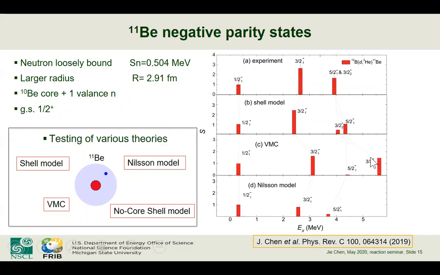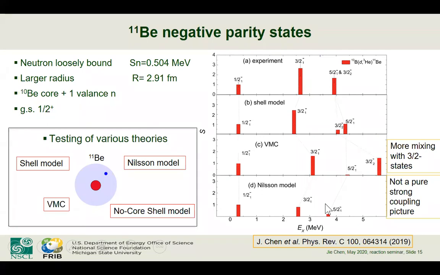Compared to the VMC model calculation, we can see that it gave a corrected level order, but there is much more mixing between these three minor states. We also compare our result with the Nilsson model.